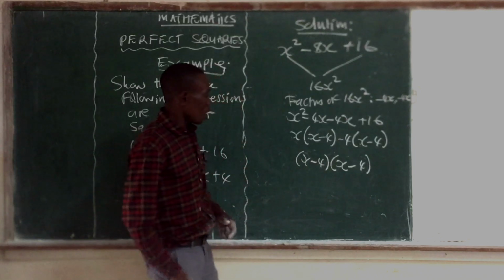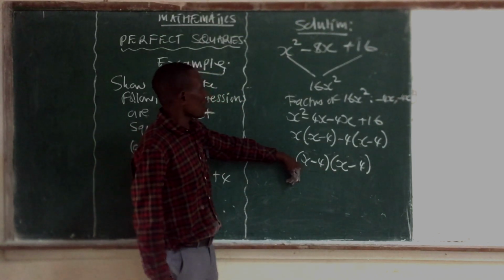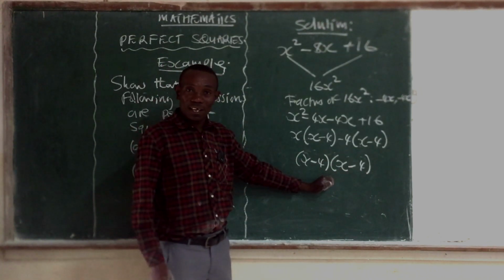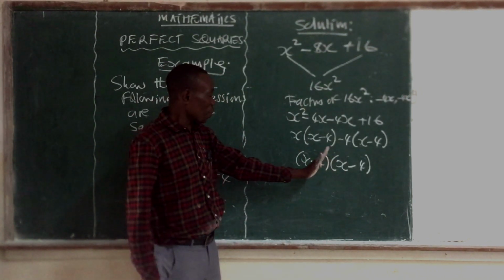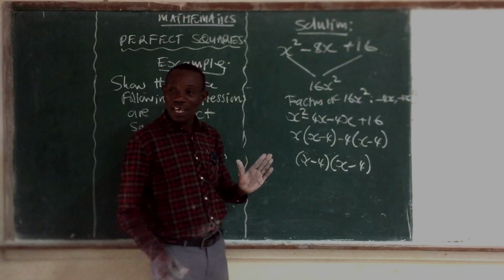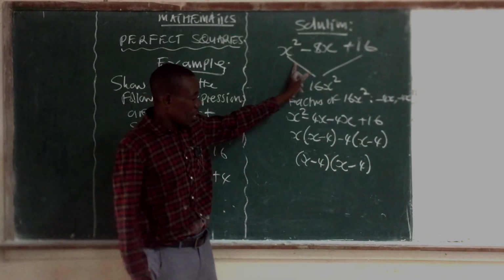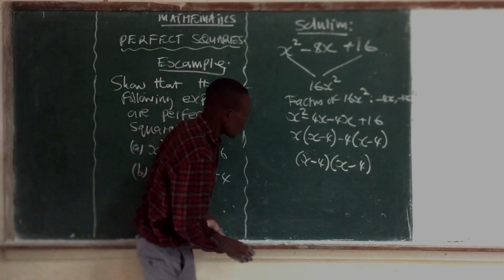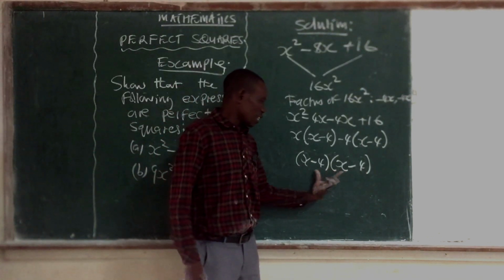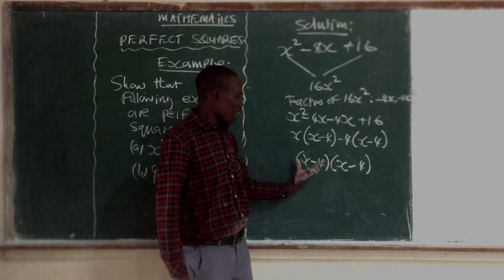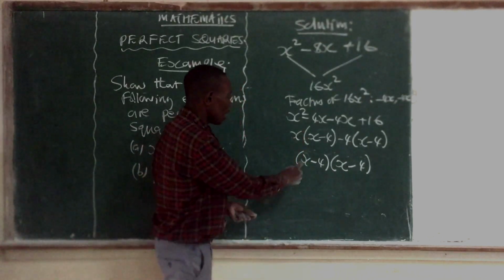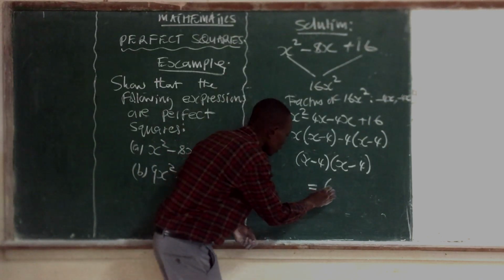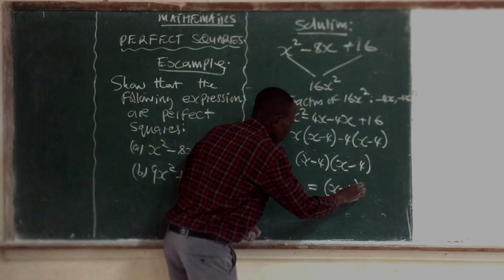So here is the notification that tells us this expression is a perfect square. If we had found different factors, where in one bracket there's a positive and in the other a negative, that would not tell us it is a perfect square. But here we have identical factors. In mathematics, we prefer not to write alike terms repeatedly, but to write in short form x minus 4 multiplied by x minus 4, which is just as good as writing x minus 4 with a power 2.